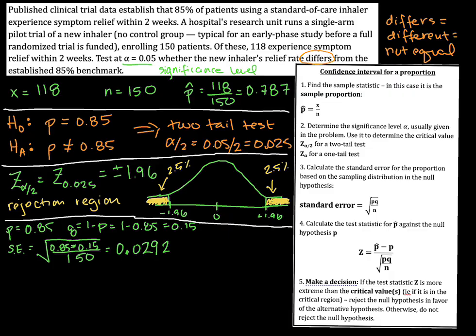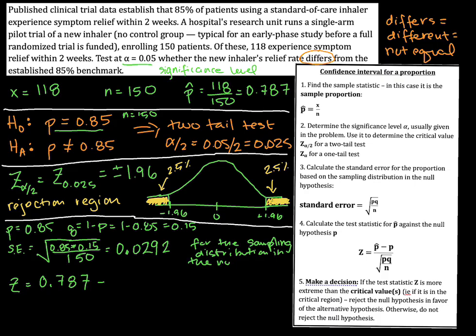Now I'm going to do the z-score. The z-score is where my sample statistic falls on the distribution of the null hypothesis. The null hypothesis distribution is based on a proportion of 0.85 and n equals 150, and the standard error is for the sampling distribution under the null hypothesis.